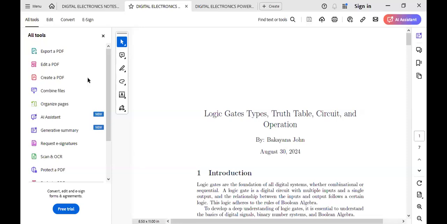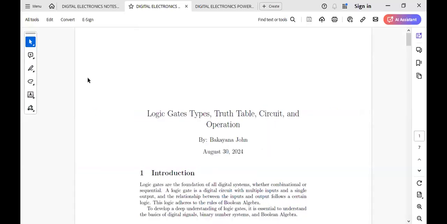I'm trying to share a screen here. Okay. Please go ahead and tell me. Muwau, they are muted.